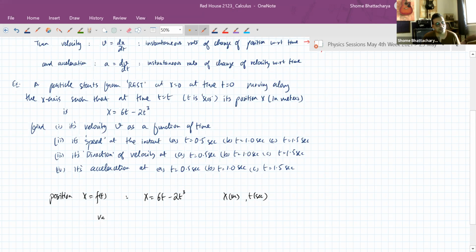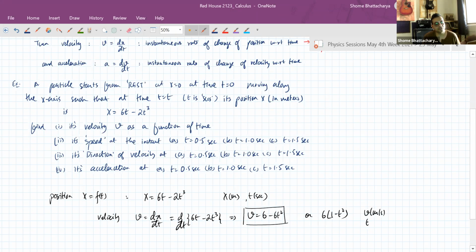So the velocity, the instantaneous velocity, as per the definition, will be the differentiation of position with respect to time. Or you can also write this as 6 into 1 minus t square. So here the velocity will be in meters per second because the time is in seconds and x was in meters. So this becomes my answer for the first part.